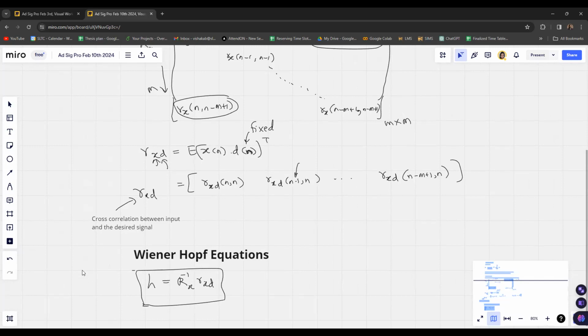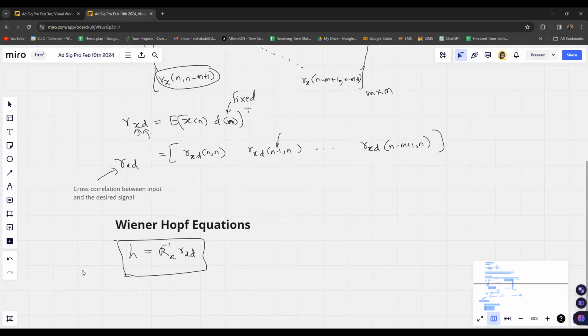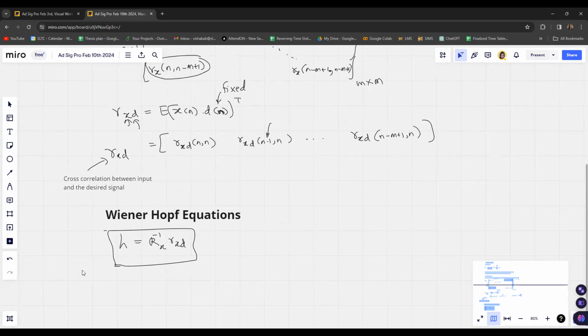Once the statistics of the input signal Xn change, the cross correlation values that it takes with other signals and the autocorrelation values it takes with its own signal will change with time. Because of this, the matrix and the vector will vary with time. Because of that, the H value will also vary with time.